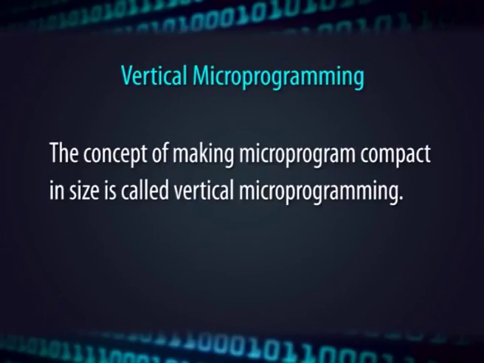The size of the micro instruction may be reduced to log x bits only. However, the reference using log x bits must fetch the larger n bit micro instruction, requiring a 2 level fetch hierarchy. The concept of making the microprogram compact in size is called vertical microprogramming, as explained earlier.